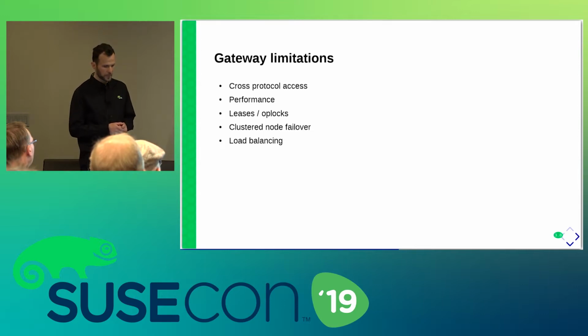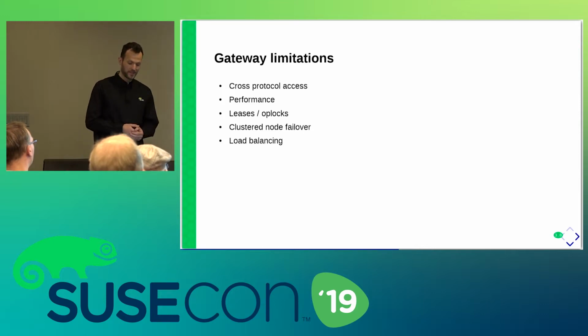We don't currently support cross-protocol access, so you can't share something through NFS and the Samba gateway. Performance isn't great; you'll see more details on performance soon. We don't support leases, which give the SMB clients the ability to do some smart caching locally.